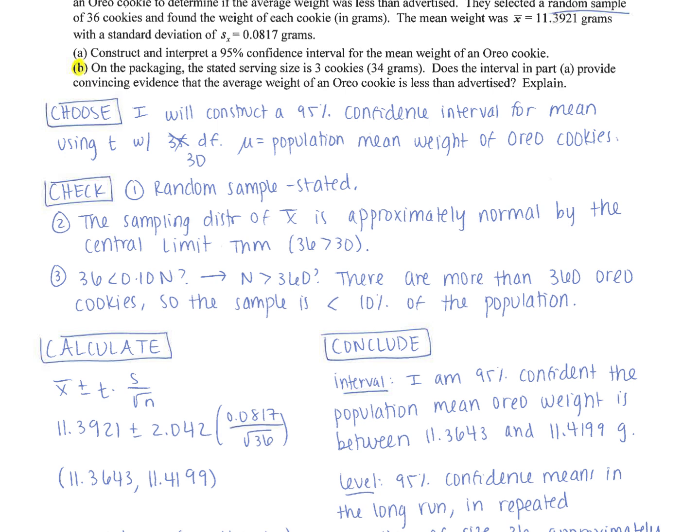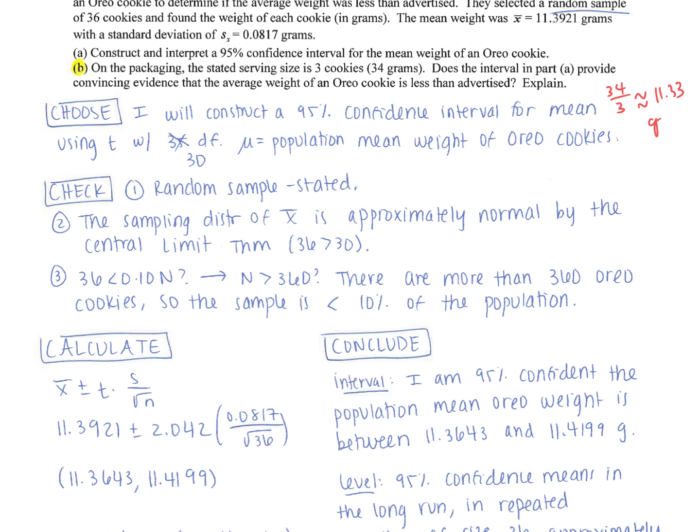I think what I saw a lot of us do is we took 34 and we divided by 3, which is about 11.3 grams per cookie. So is there evidence based on our interval that the average weight is less than what is advertised?